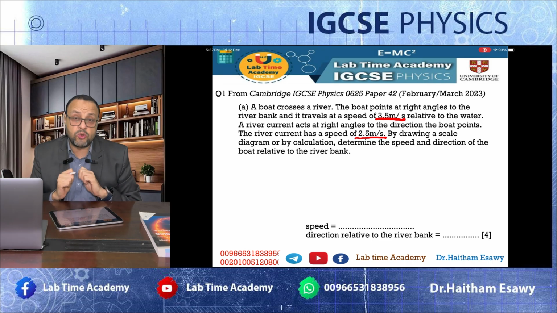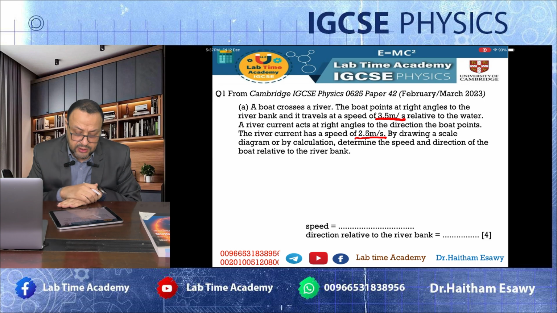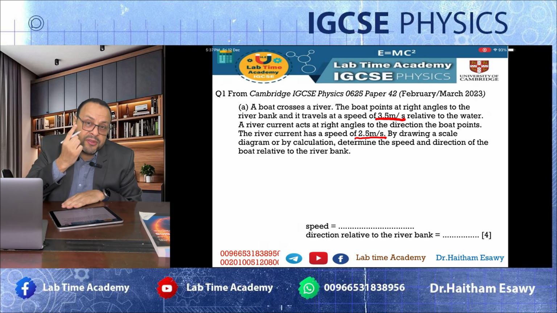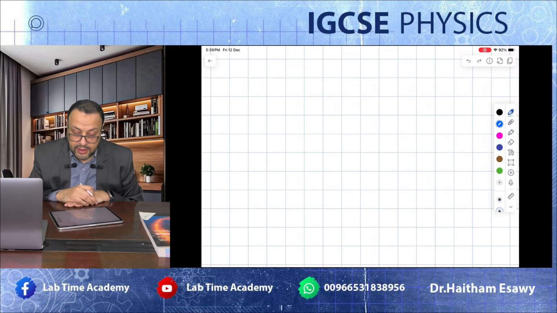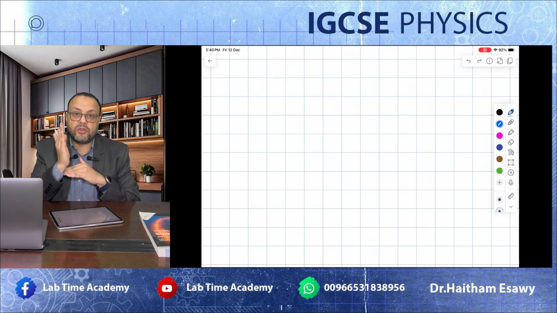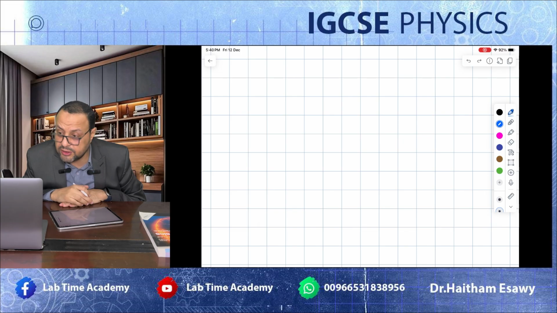Actually, I'll solve this question by 2 methods to help you understand better, but you can choose only one method, as he said. First, here we are. So here we have 2 vectors at right angle: the direction for the river current and the direction for the boat. He said the speed for the boat is 3.5.